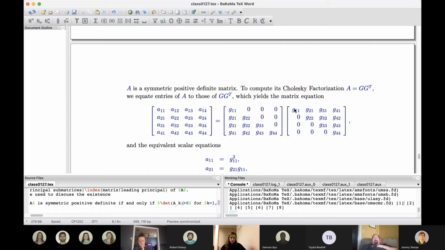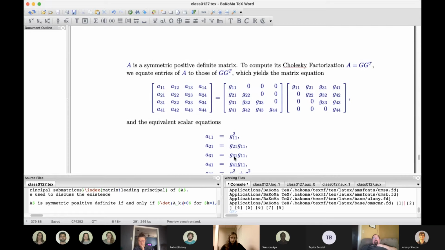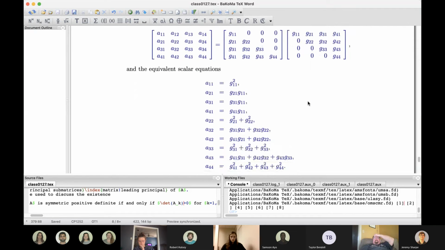So I have G11 squared, and then everything else is 0. And I match that to A11. So A11 is G11 squared. And I go ahead and do this for all the entries of this matrix. Now I have this series of equations satisfied by all the entries in the lower triangle of A. I'm not bothering with the upper triangle because of symmetry.